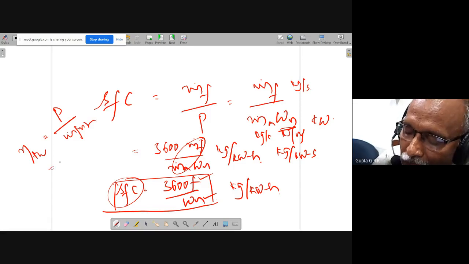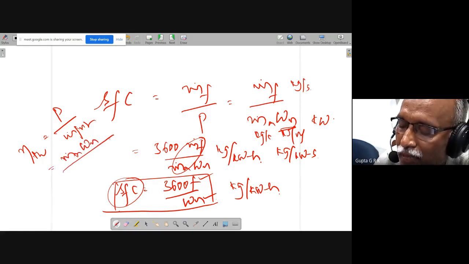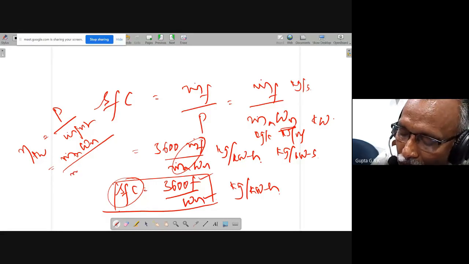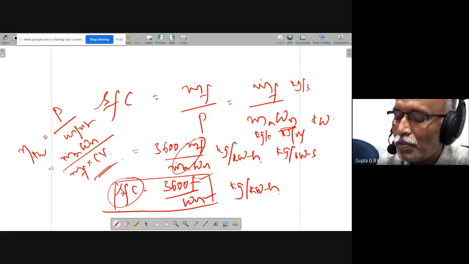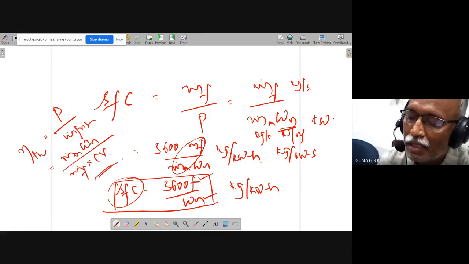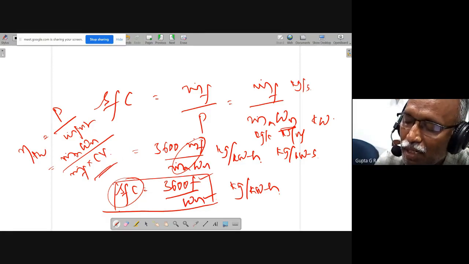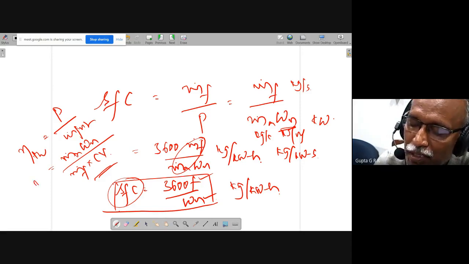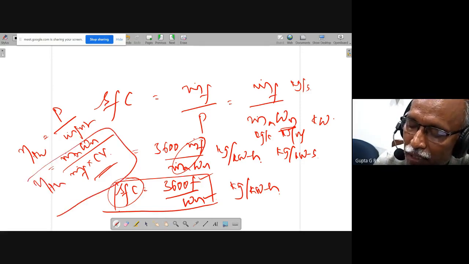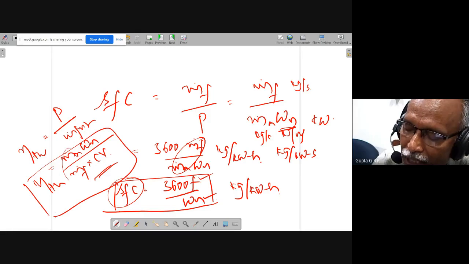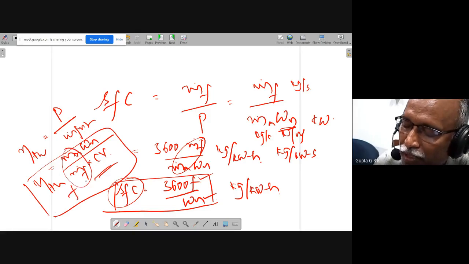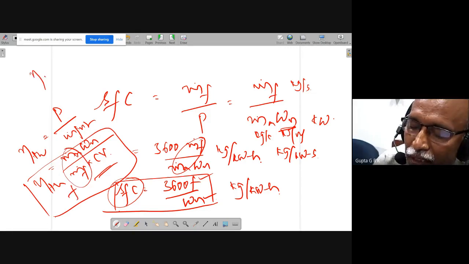So what is the power that is given? m dot A into Wn is the power that is developed, and the input is mass flow of fuel into calorific value. This is the total input without any losses, because this much of fuel I am spending, this much of calorific value. This is the thermal efficiency of the cycle. So if again m dot f by m dot a is written as f, thermal efficiency is equal to Wn by f into CV.